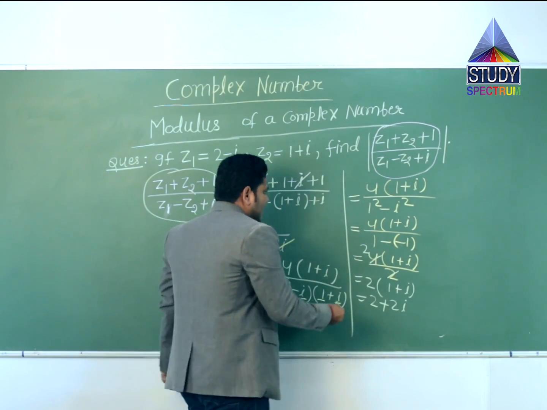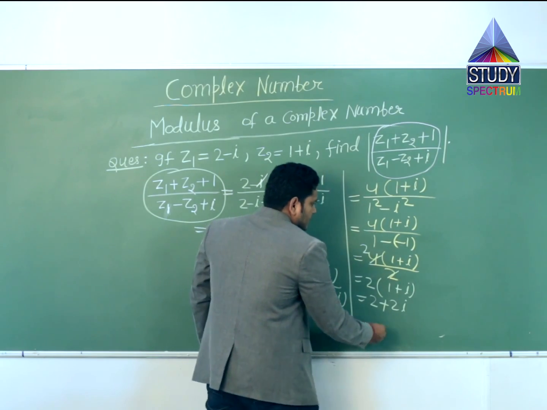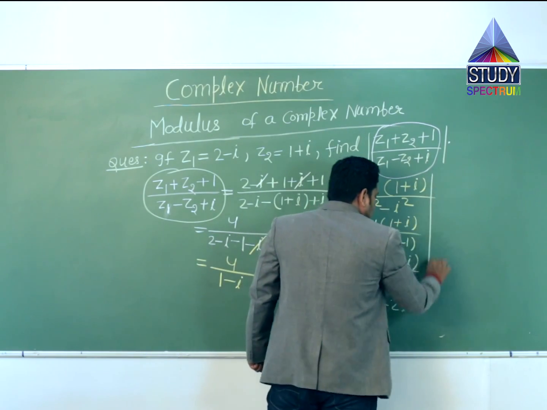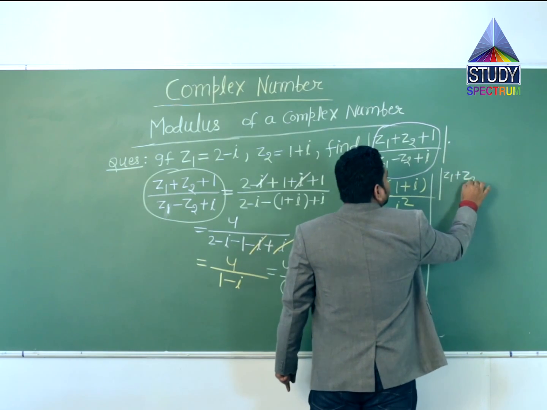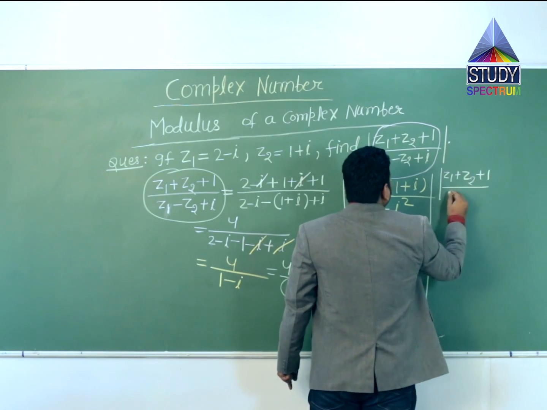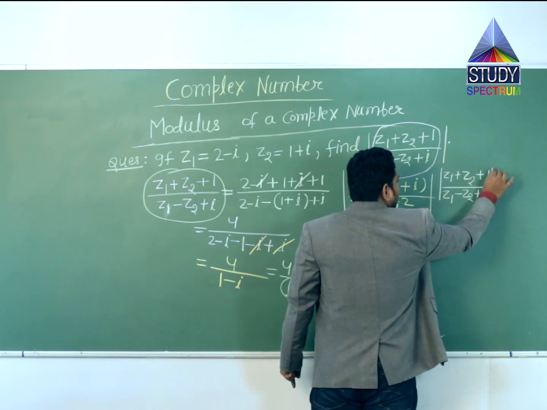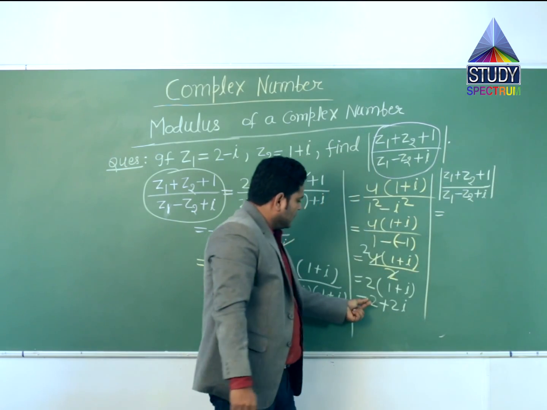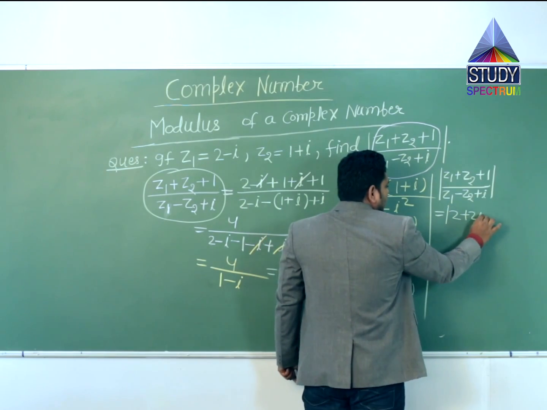So modulus, we can write modulus of this whole, modulus of z1 plus z2 plus 1 upon z1 minus z2 plus i is equal to modulus of 2 plus 2i.